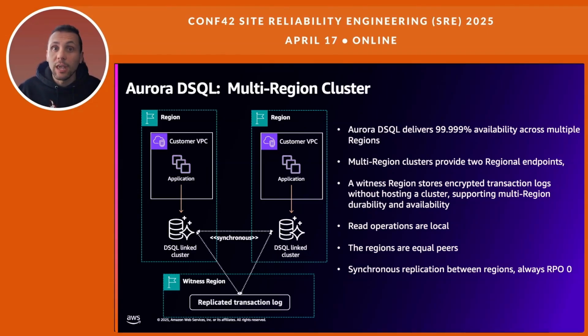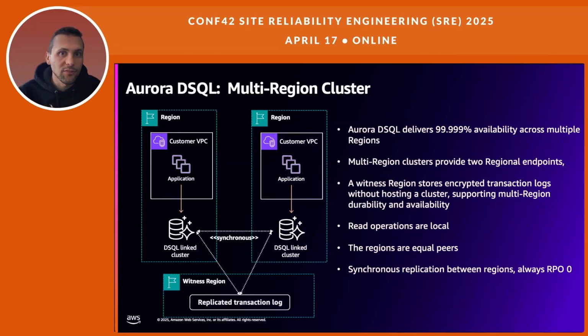The regions are equal peers. There is no leader or master node in this situation. And because you have this synchronous replication between regions, you always have an RPO of 0, which is really important for mission-critical applications. Now you see here that we also have a witness region. The witness region is just replicating the journal. We'll call that the journal, but that is where the transaction logs of your database are.